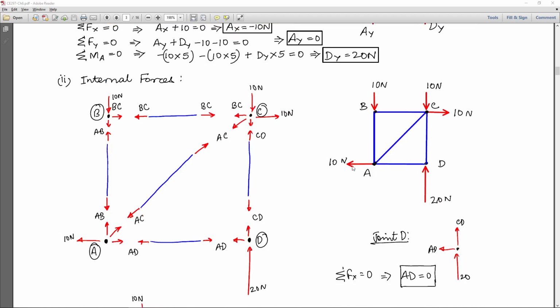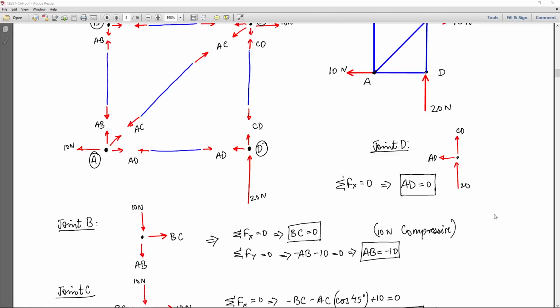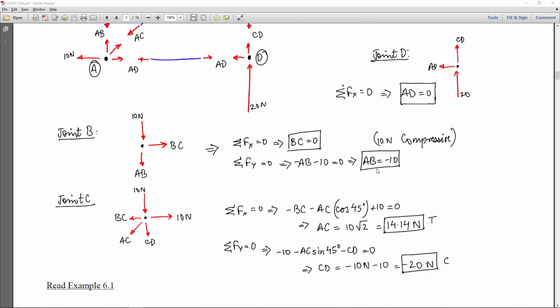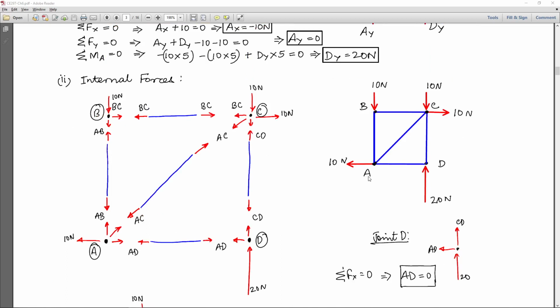In joint A, AD is 0, which we've seen, BC will be 20, AB minus 10.